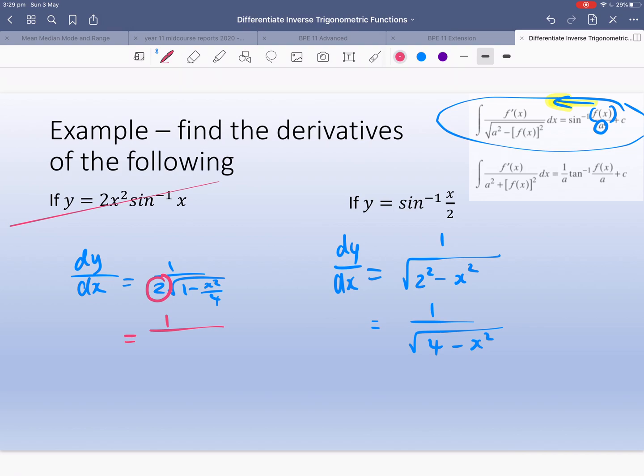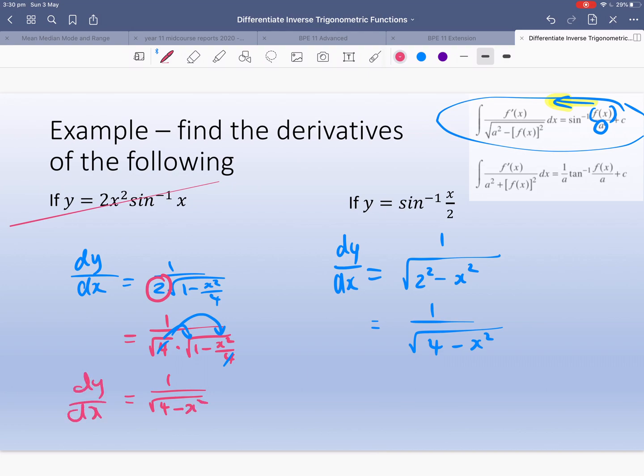I know the 2, I can write it as the square root of 4 times this. Okay, and now because everything's under the square root, you can play with them all together. So I'm going to ski jump this through. And I get 1 over the square root of 4 minus, now this 4 and this 4 are going to cancel out, and we get that same solution.